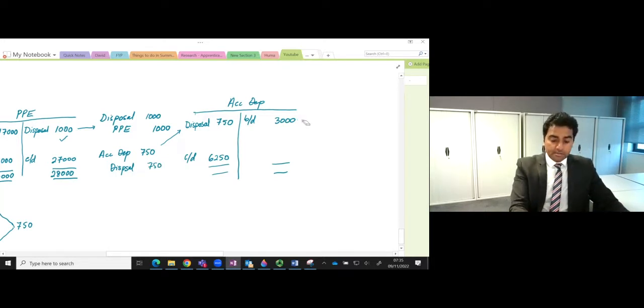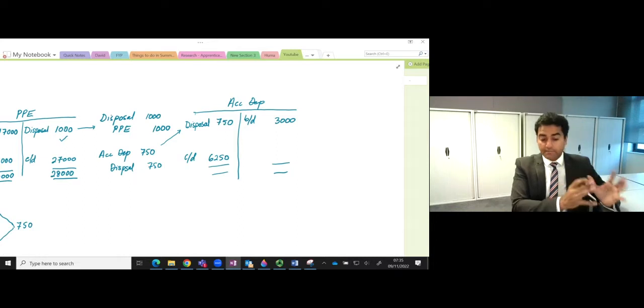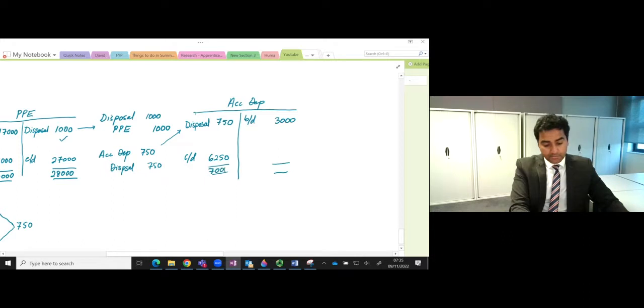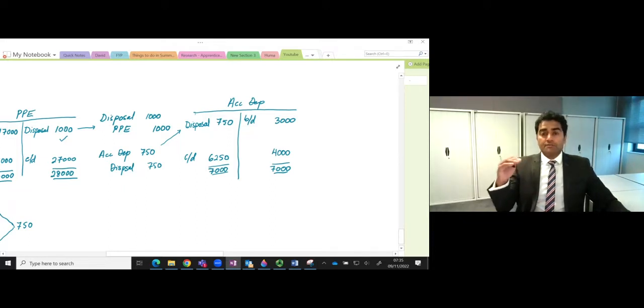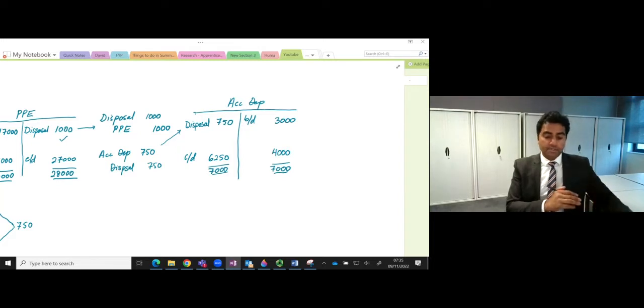Now I'm going to close the account. So 750 plus 6,250, which is the heavier side, the debit side is bigger, and that is £7,000. I will record it on the credit side, and the difference is £4,000. So notice that my opening balance of the accumulated depreciation was 3,000, 750 was subtracted from 3,000, but the closing balance is 6,250.